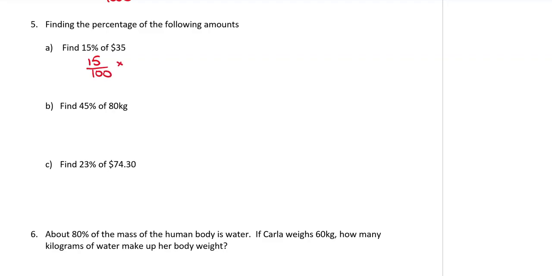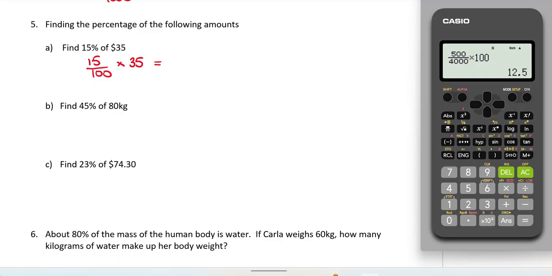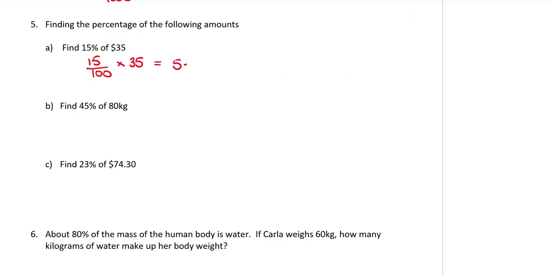Of means you want to times that by the amount of money, which was 35. So that's it. You do 15 over 100, then you times it by the 35. As a decimal is 5.25, and that would be dollars. So if you were getting a 15% discount, you'd be saving $5.25.